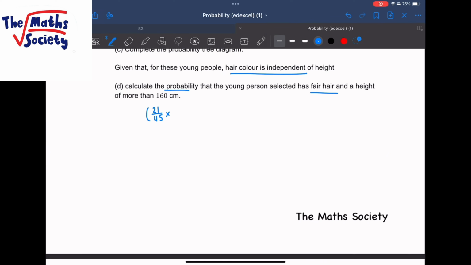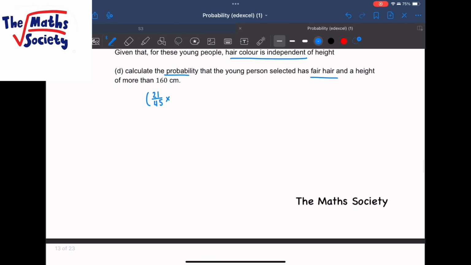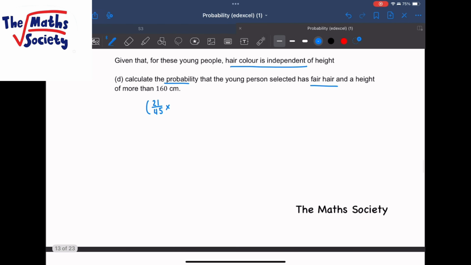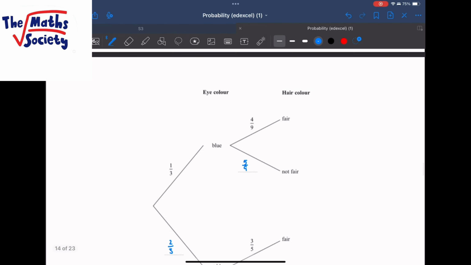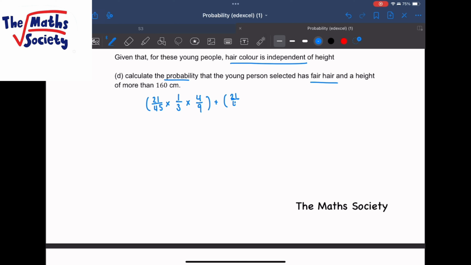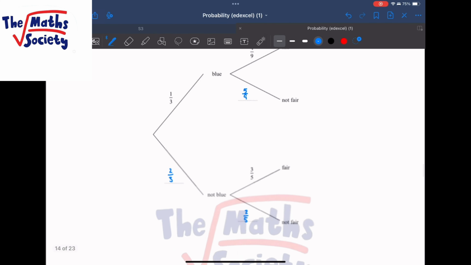It can be blue eyes, but then the height has to be more than 160 and it has to be fair. So that's 4 by 9 plus 21 by 45 multiplied by 2 by 3, multiplied by 3 by 5, which gives an answer of 518 by 2025, and that is your answer.